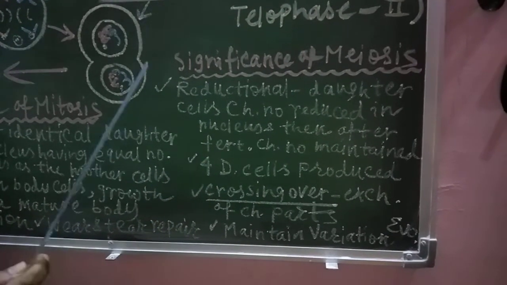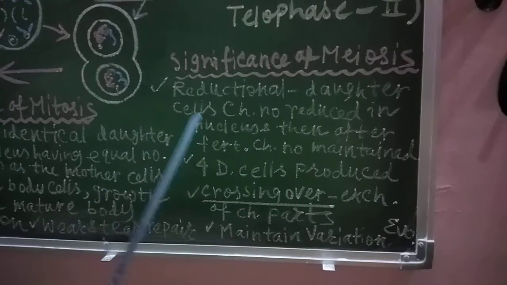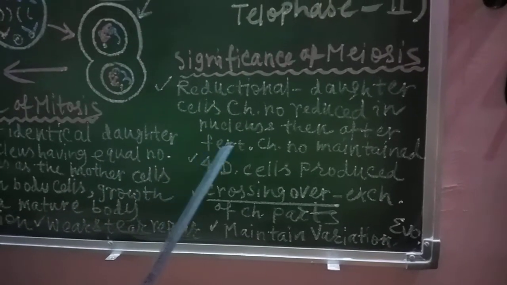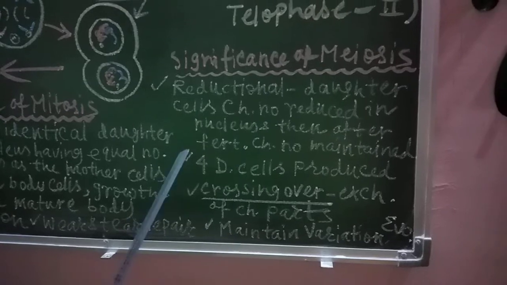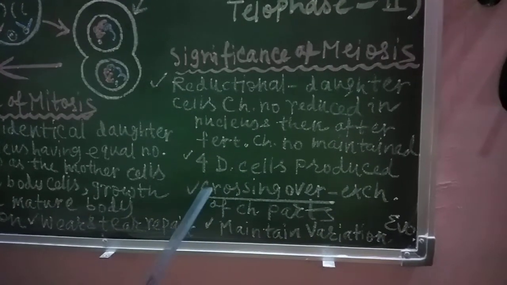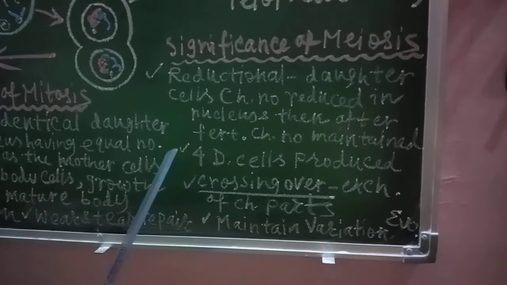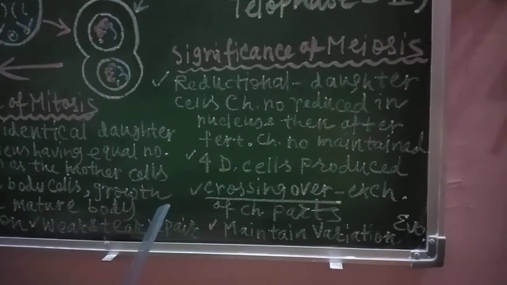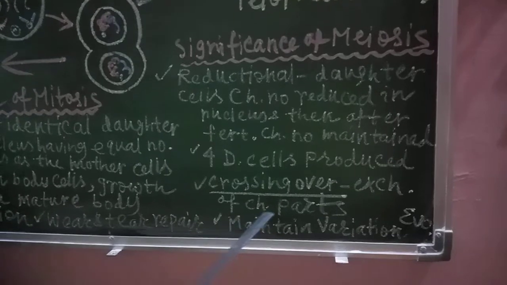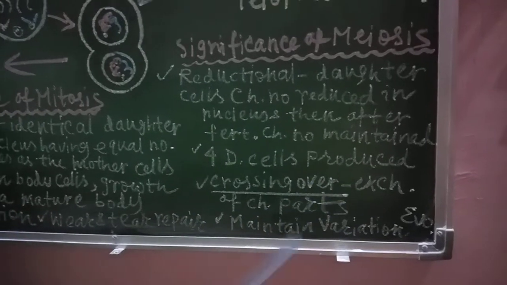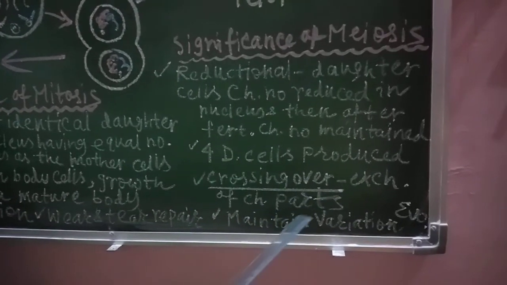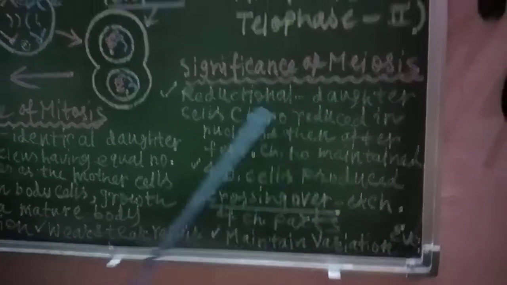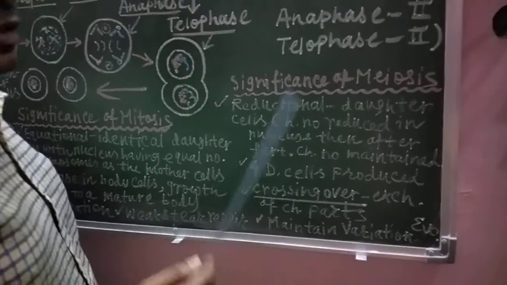This is the main process by which the chromosome number and the total amount of DNA is regained. Here mainly 4 daughter cells are produced from a mother cell. Crossing over, a very important stage, occurs during meiosis 1, where exchange of chromosome pairs occurs, due to which variation occurs. Variation and evolution, all these things occur due to the process of meiosis.